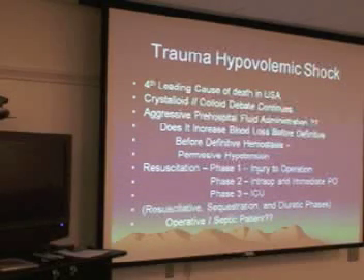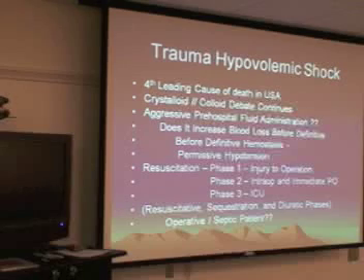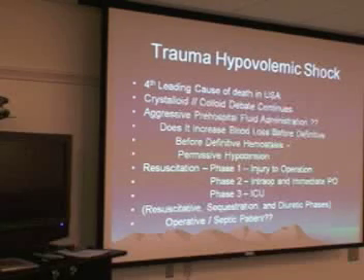They give just enough to maintain the blood pressure, but not enough to keep him bleeding as much. And I'm not sure they still do it or not. Maybe Carol or Tara knows, but it came out of Texas with Basil Pruitt. He's the head trauma guy in the country. And a lot of this comes from the Army too, because they're resuscitating these patients out in the middle of nowhere, and you've got to get them back to Germany.